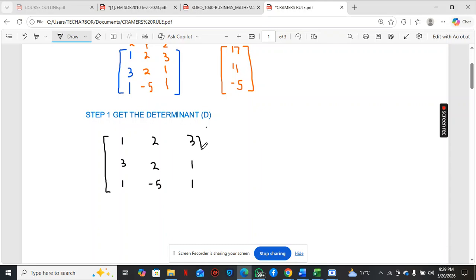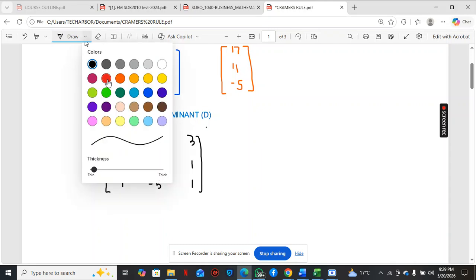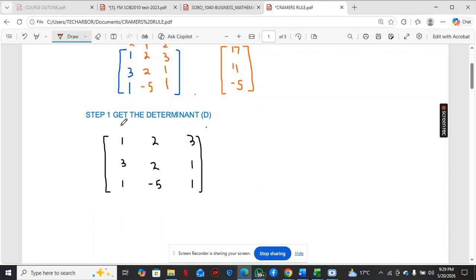Take note of this process because we're going to be doing it throughout. After we make this matrix here, the first two columns, column 1 and column 2, you bring them outside of the matrix.